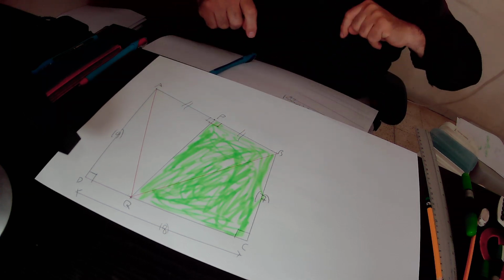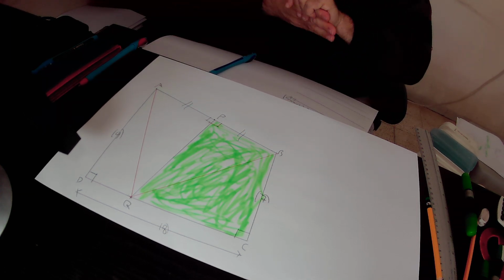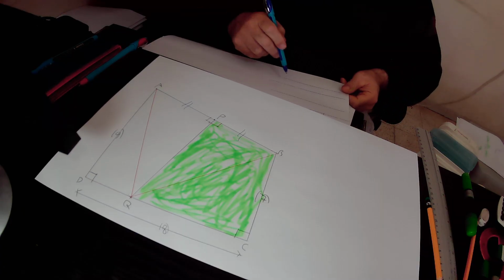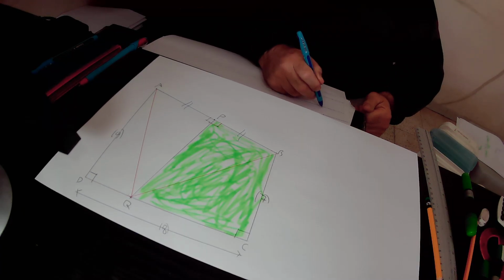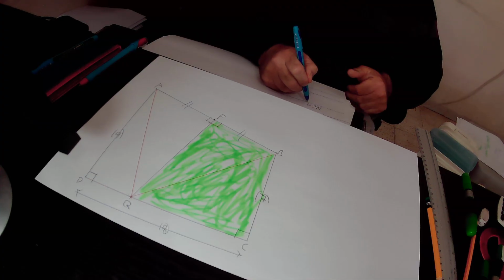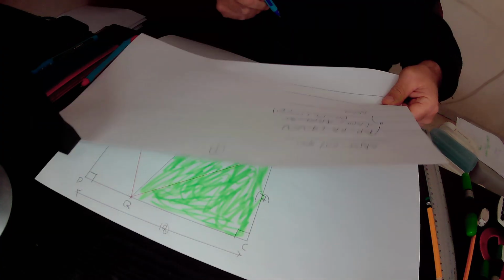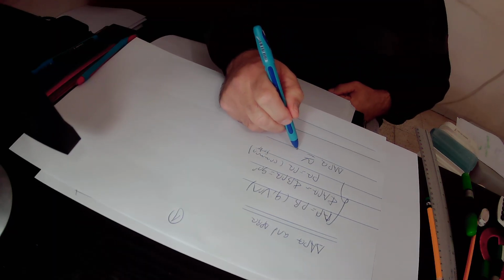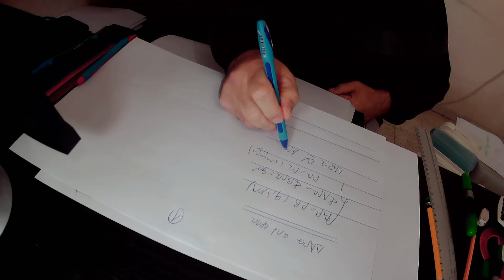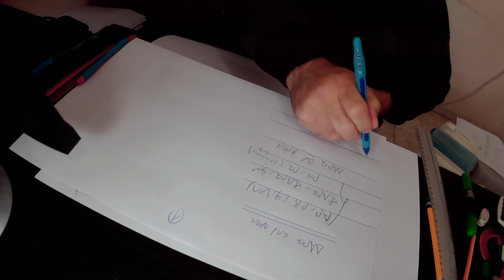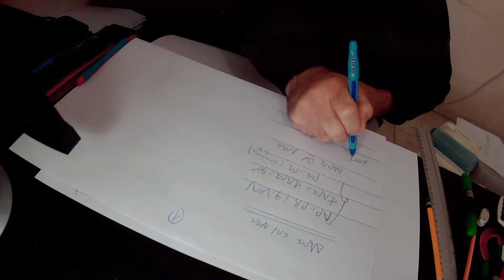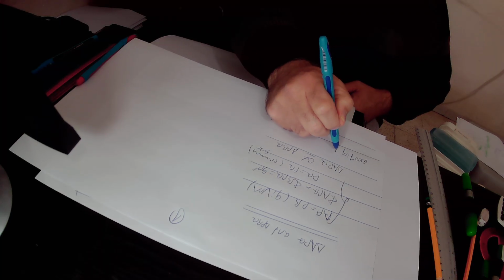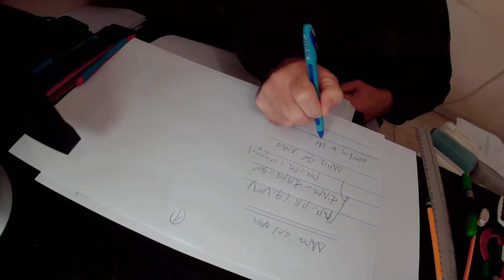Therefore, those two right triangles are congruent according to the side-angle-side rule. So the right triangle APQ is congruent to the green triangle PBQ according to the side-angle-side rule.